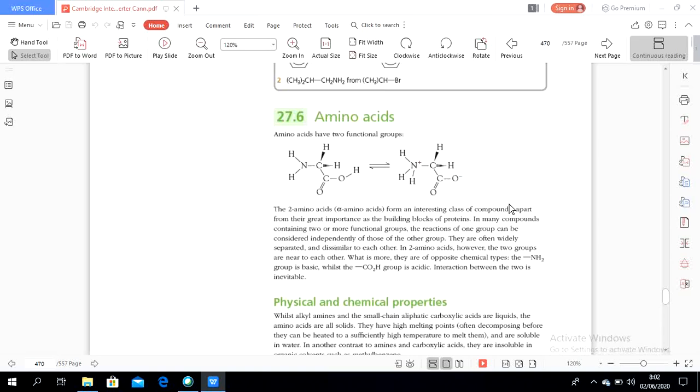Physical and chemical properties: we are going to continue the chemical and physical properties of amino acids in the next session. So until right now, we know there are two different functional groups in an amino acid, which are an amine and also a carboxylic acid.